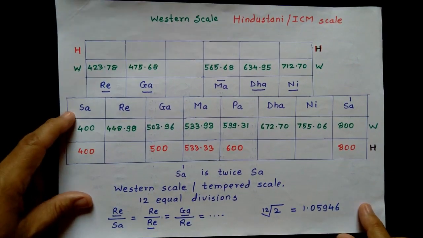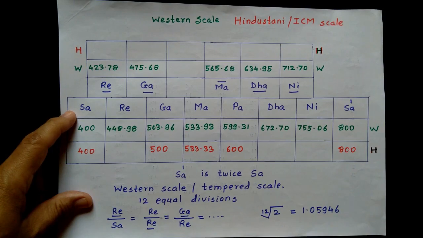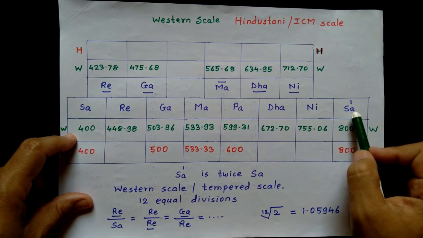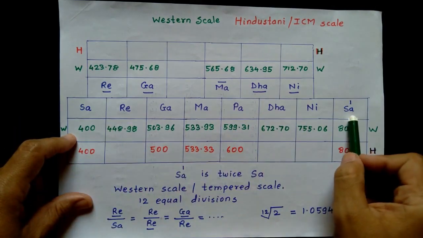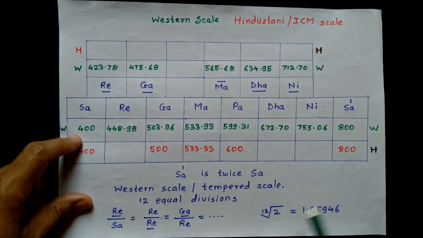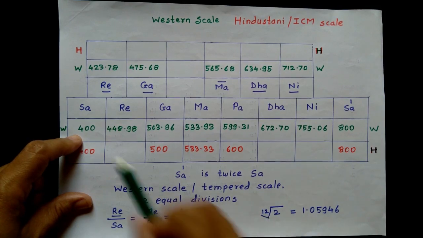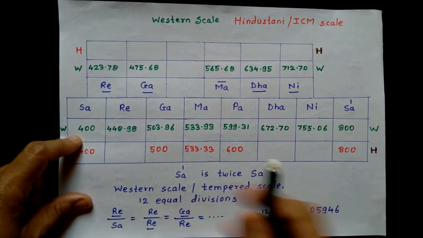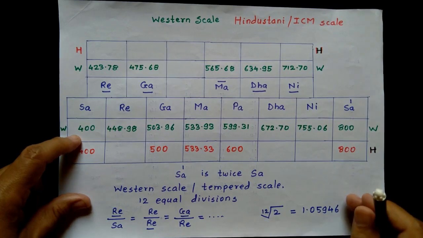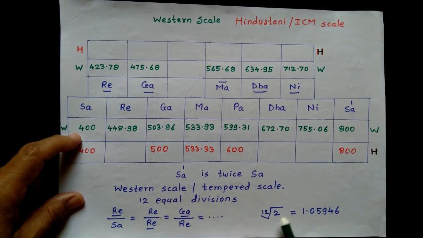Now I will explain why the 12th root of 2. Why 2? This is because the upper sa is twice, or 2 times, that of the lower sa. So the number 2. Why the 12th root? We have to divide this range into 12 equal parts ratio-wise. So the 12th root of 2.